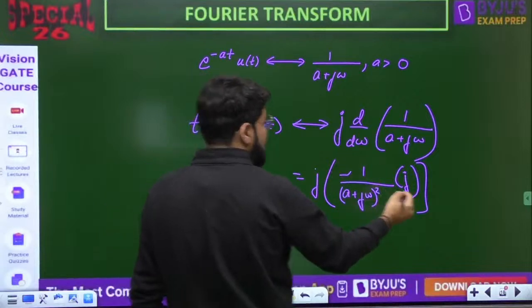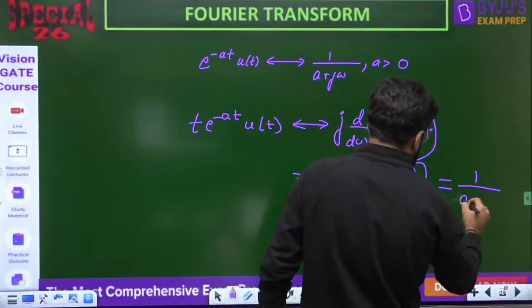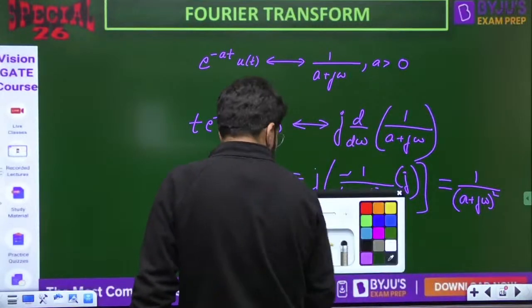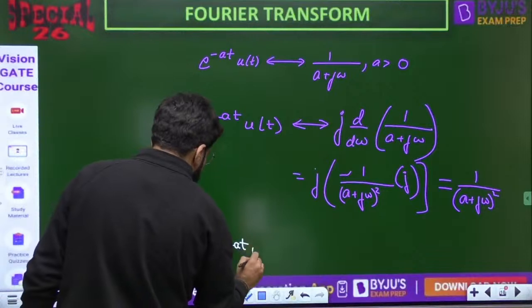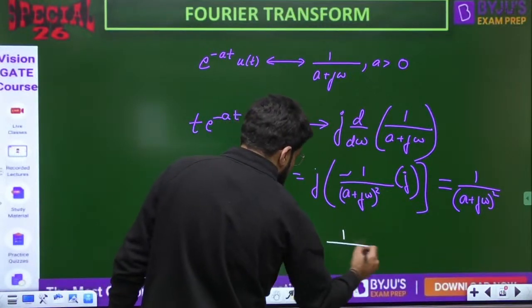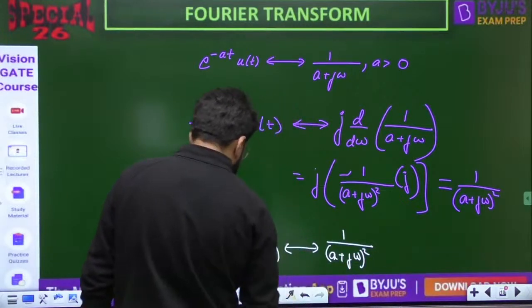Now you have minus j square, which is again minus 1, so minus minus is plus 1, 1 upon a plus j omega whole square. So your next pair: t e power minus at ut has the Fourier transform 1 upon a plus j omega the whole square.